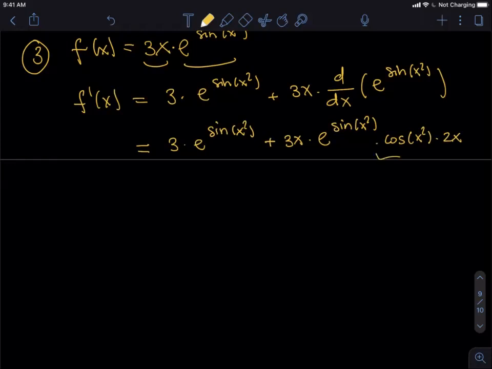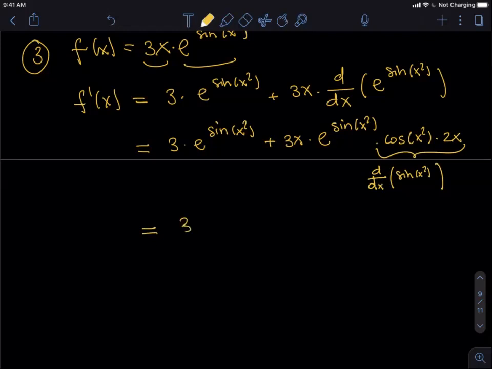So here, just to be clear, the whole thing here is the derivative of the sine of x squared. There we go. And here we can simplify a little.